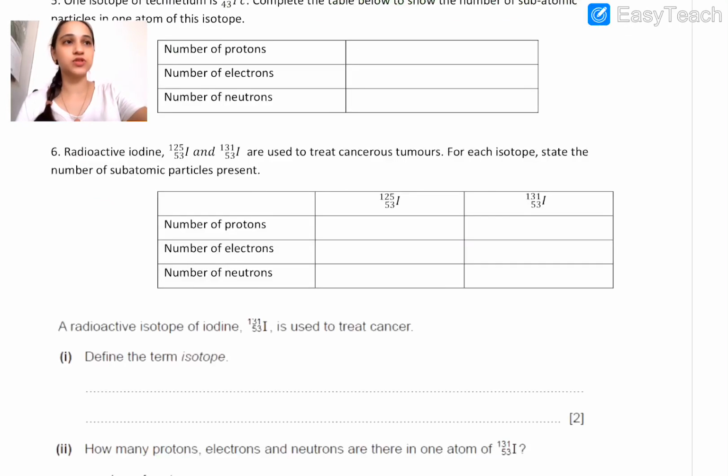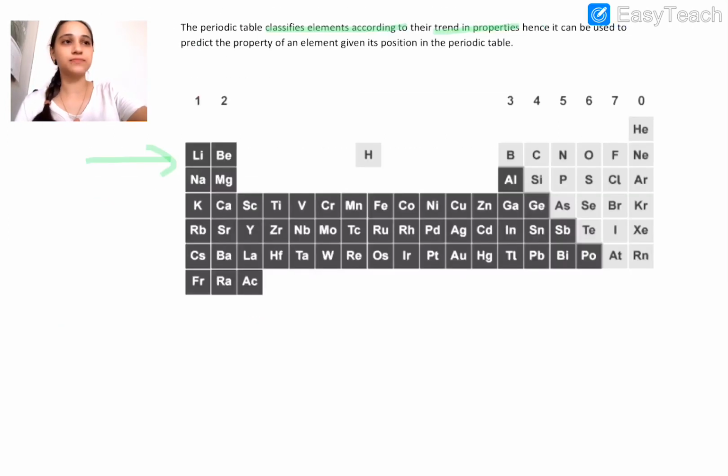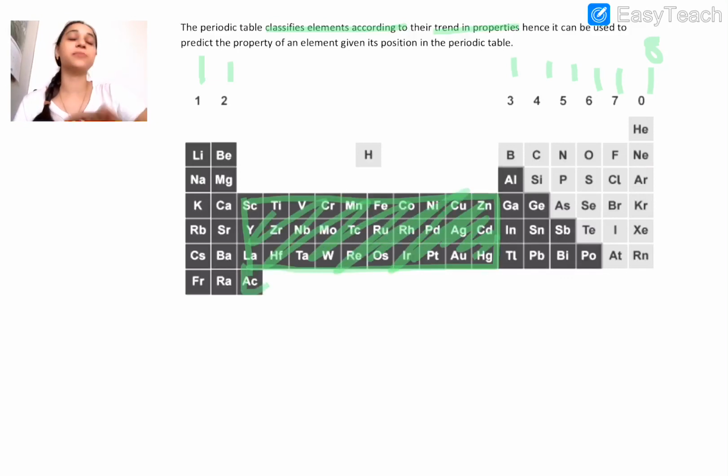So just remember, these are the groups. So group 1, group 2, group 3, 4, 5, 6, 7, and 8. Okay, so group 8, we are for now going to ignore these elements. Not concerned about them for now. And remember that these are the periods.